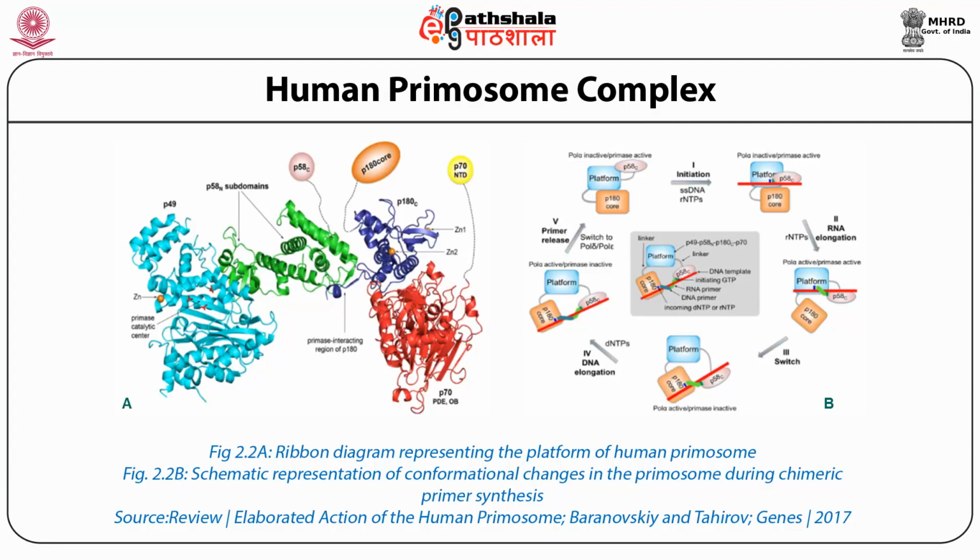As you can see in the first diagram, the human primosome complex is composed of multiple subunits and subdomains, some dedicated for DNA binding such as the zinc binding domains, some dedicated for recruiting other proteins essential for the primosome complex.